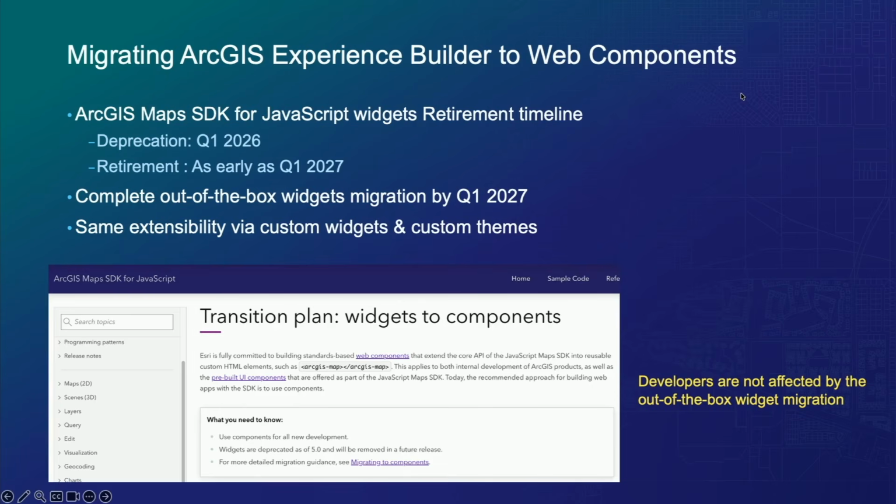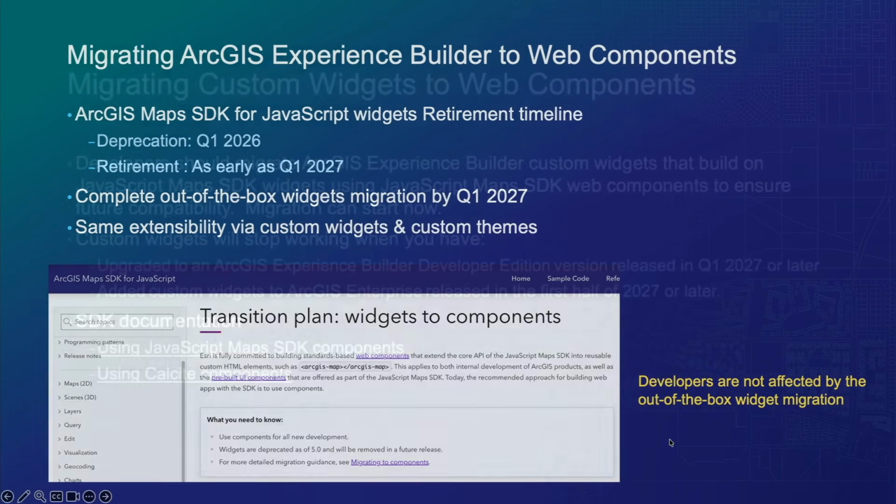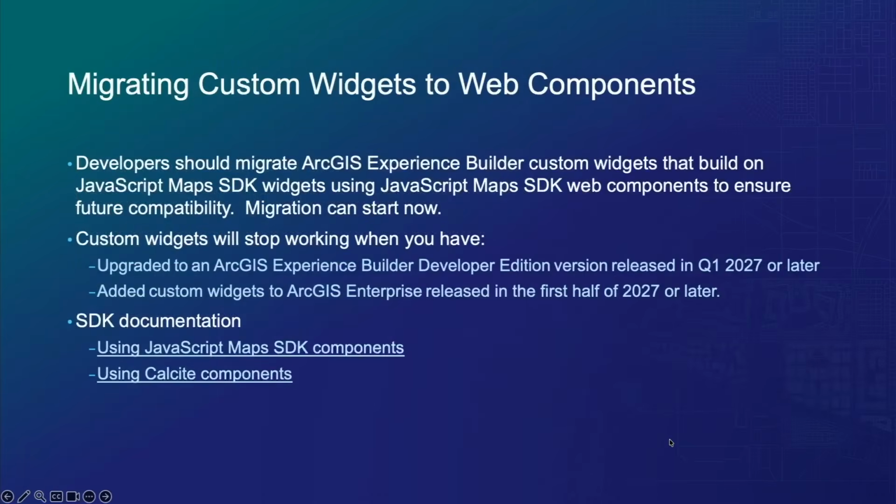But this is purely code refactoring. It won't affect your experience in using or the functioning of the product. And the extensibility with the developer edition remains the same. So you are not affected at this stage with the out-of-box widgets.